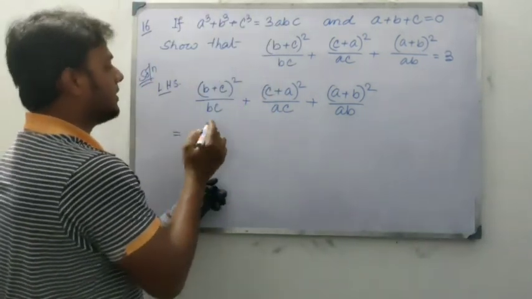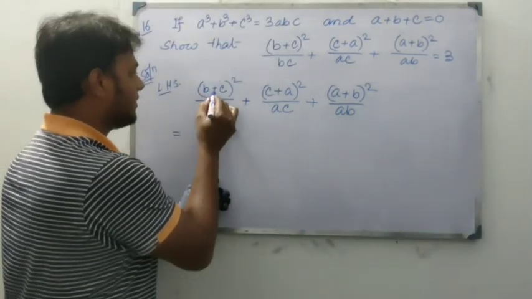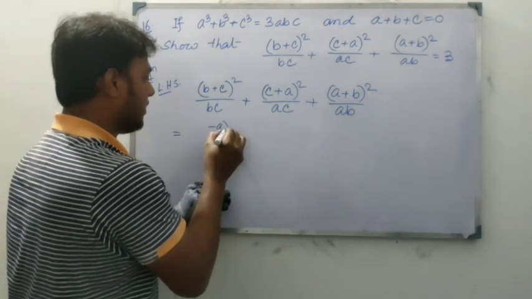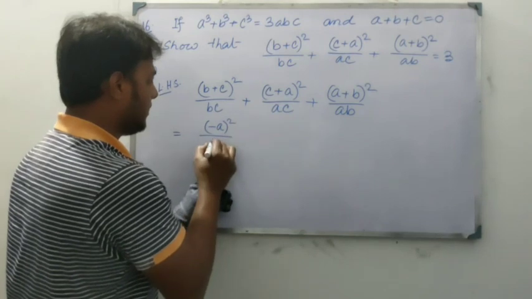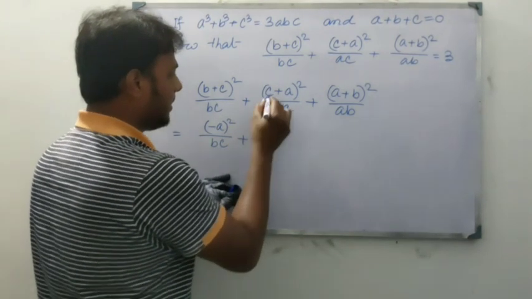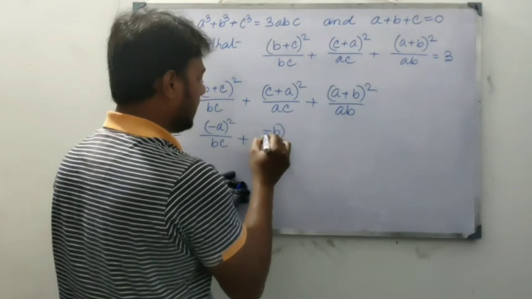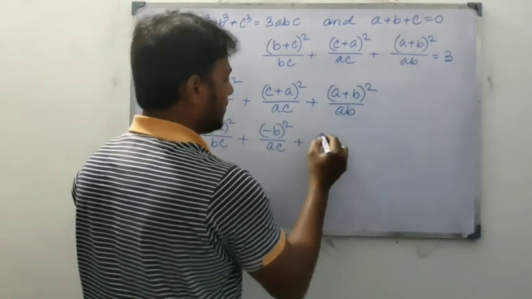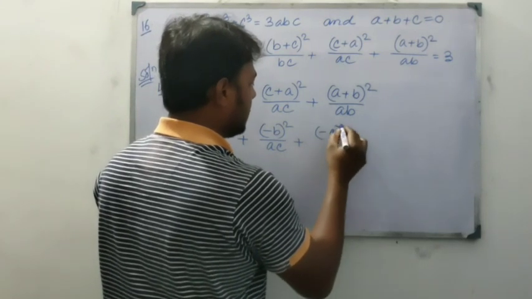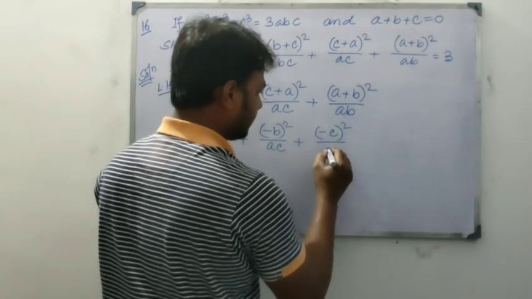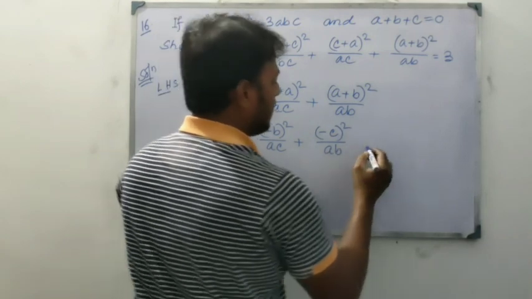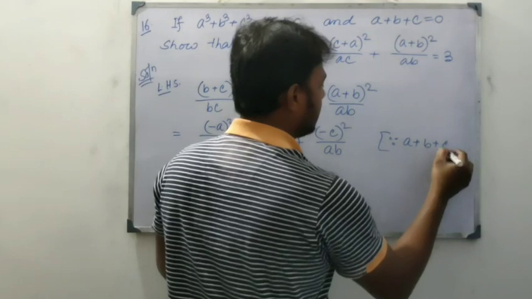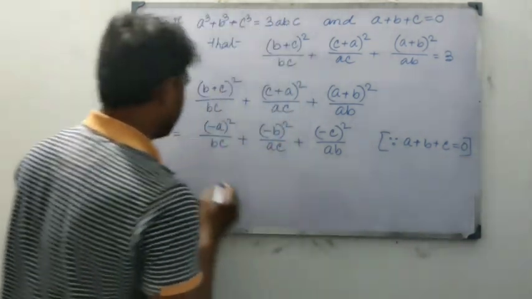So in the place of b plus c, we write minus a, and (minus a) square by bc, plus minus b square by ac, plus minus c square by ab, since a plus b plus c equals 0.